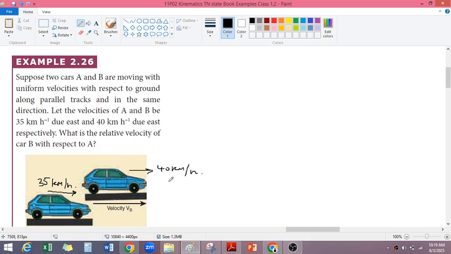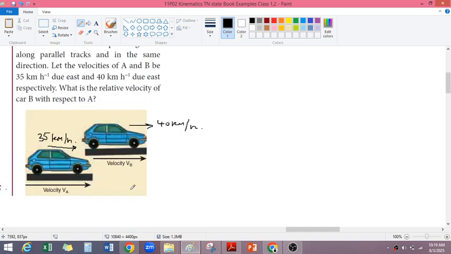So both of them are going towards east. What is the relative velocity of car B with respect to car A? So with respect to a person standing on the ground, listen carefully, very important, this guy is going at a speed of 40 km per hour. But for a person who is going at 35 km per hour, with respect to him this guy is going only at 5 km per hour, because 40 minus 35.